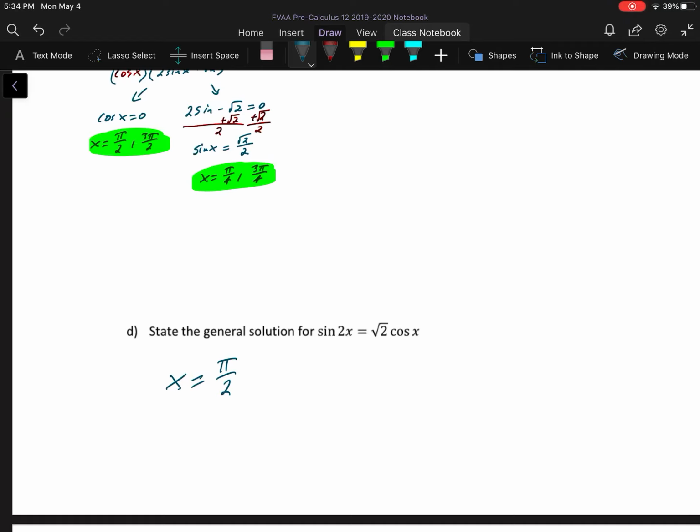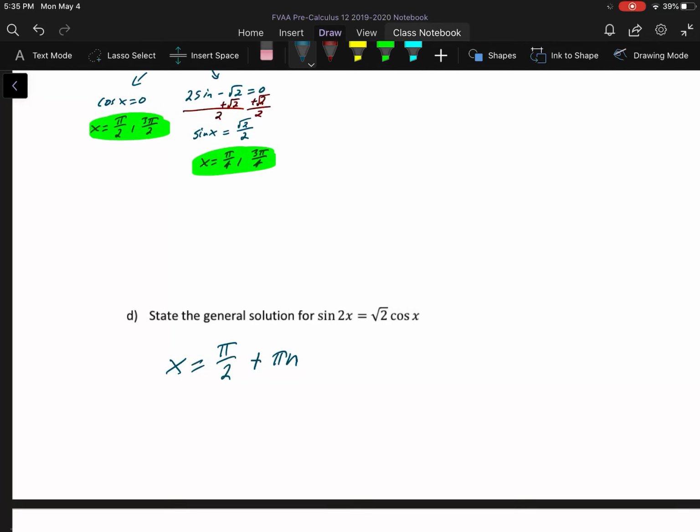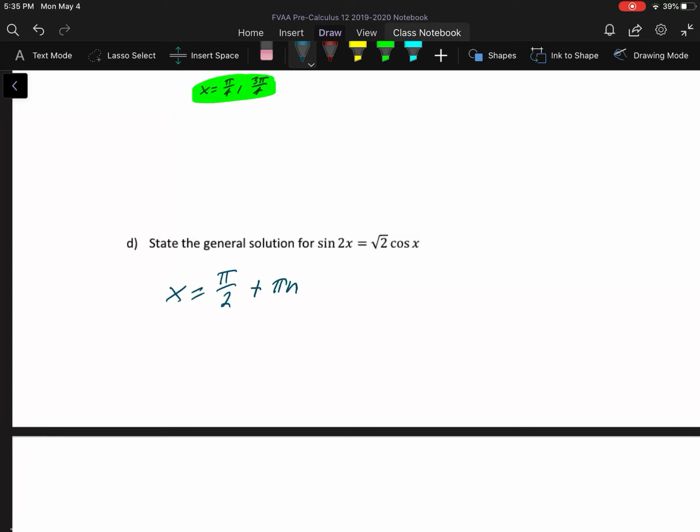My next solution is pi away from that, and every subsequent solution would be pi away from that, either in the positive or negative direction. All of these are going to be with n being an integer, but I'll add that at the very end to all 3.